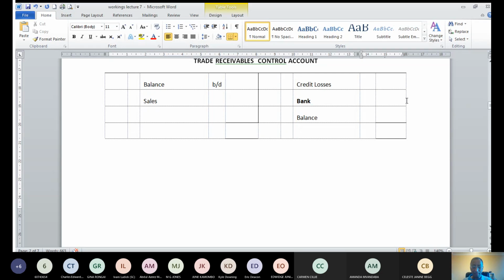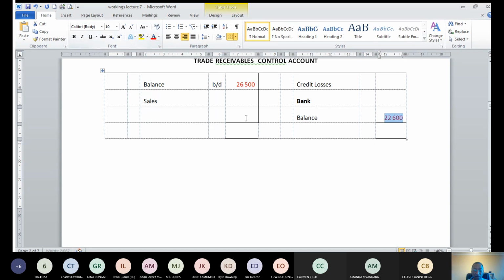So now we say the opening balance of my trade receivables was an amount of 26,500. The closing balance is given to you as 22,600. That information is coming from your statement of financial position.